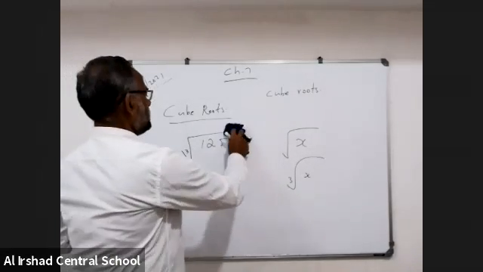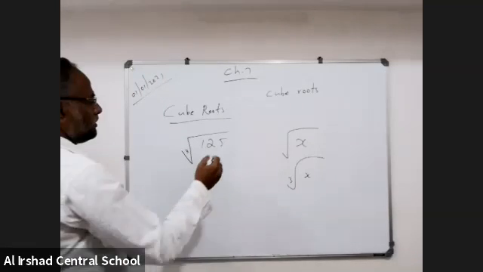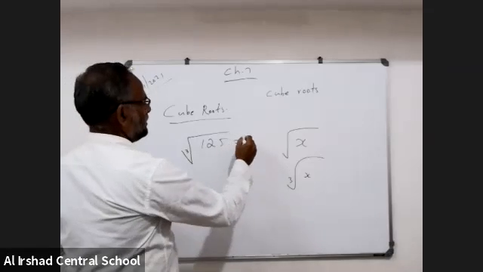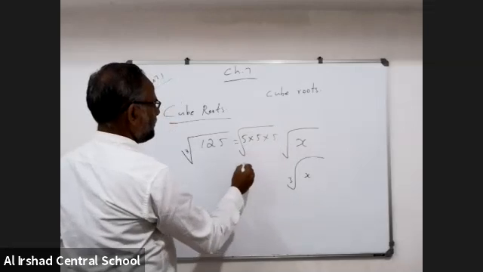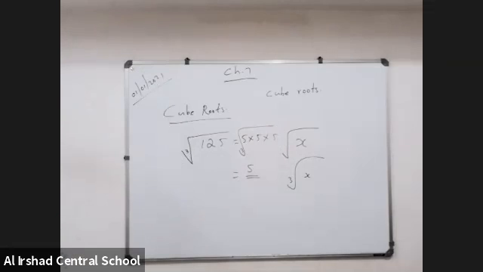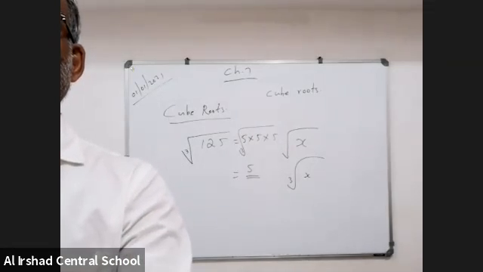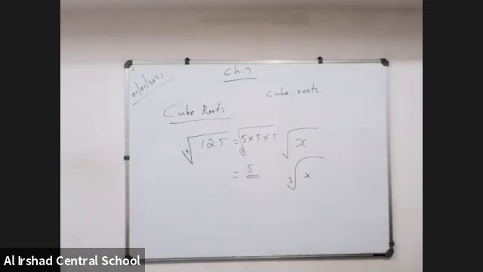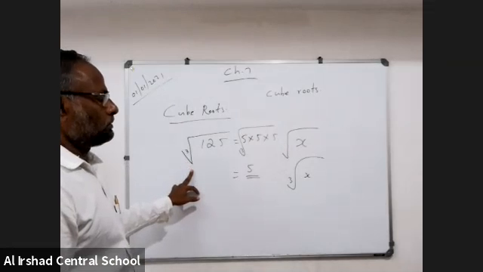So what is cube root of 125? 5 into 5 into 5. 5 into 5 into 5 is 125. 3 times means we can take 1 time. Okay? So cube root of 125 is 5.